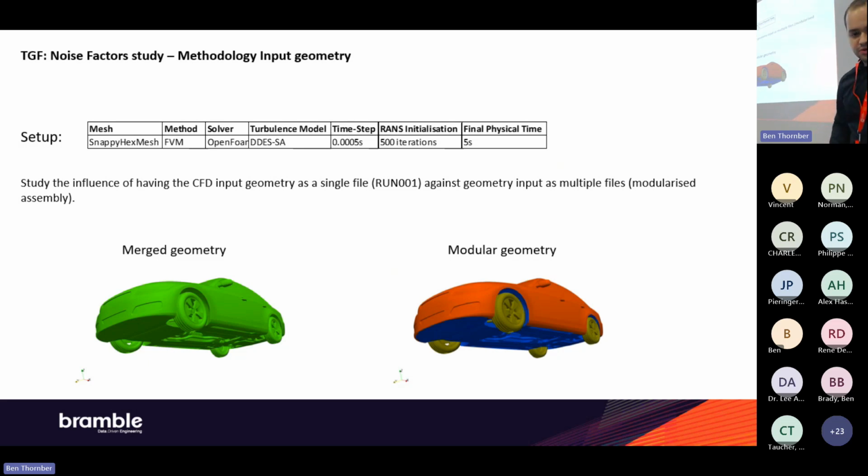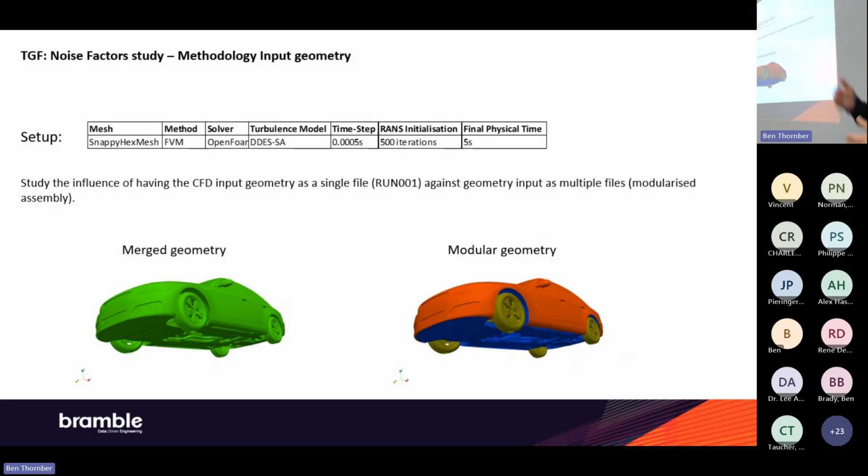Now, I will actually speed up a bit. Talking about the second study, which was the input geometry. The idea was we have different customers, OEMs, some of whom would prefer to upload a single part as input geometry for the CFD setup, while others have a really modularized geometry with 200, 300 parts.